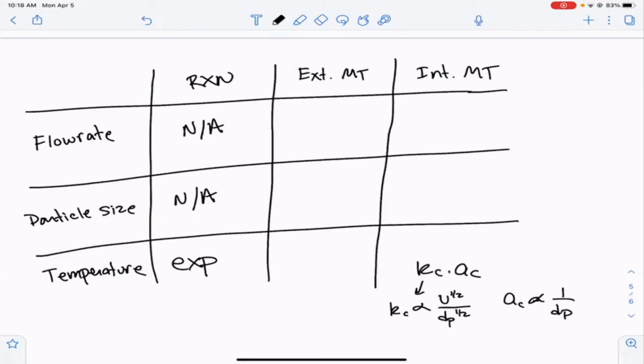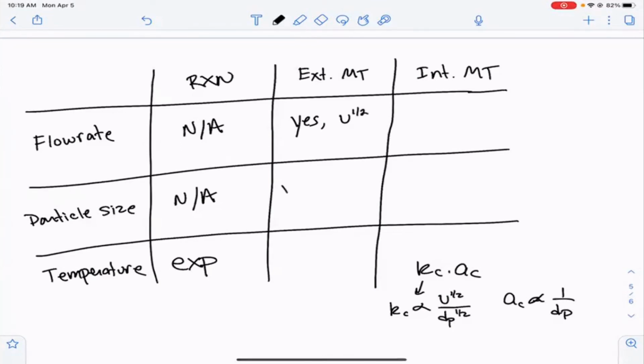And so that means that Ac is proportional to 1 over the particle diameter. So now when we're external mass transport controlled, we are definitely dependent on flow rate, right? The external mass transport rate is definitely influenced by the flow rate, at the tune of the velocity to the 1/2.